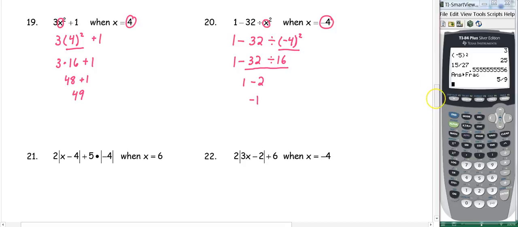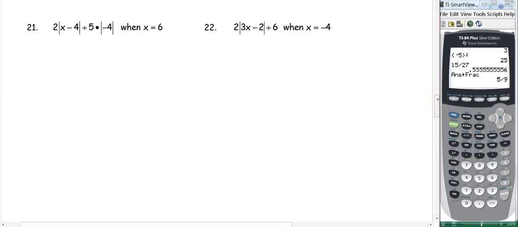Number 21, 2 times the absolute value of x minus 4, plus 5 times the absolute value of negative 4. So we're going to substitute 6 in for x. 2 times the absolute value of 6 minus 4, plus 5 times the absolute value of negative 4. So 6 minus 4 is 2. The absolute value of 2 is 2.